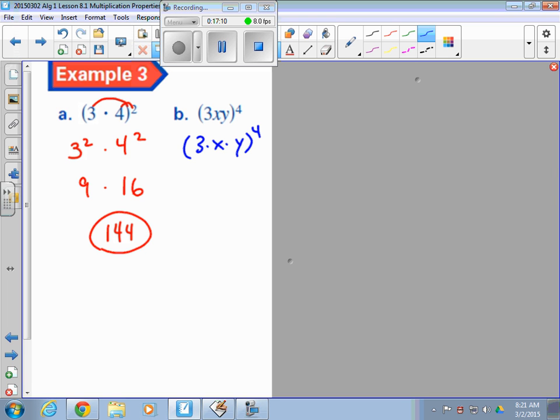Just make sure once you do that, that you give the fourth power to all three things. 3 to the fourth power, x to the fourth power, y to the fourth power. 3 times 3 is 9, times 3 is 27, times 3 more we know is 81, x to the fourth, y to the fourth.